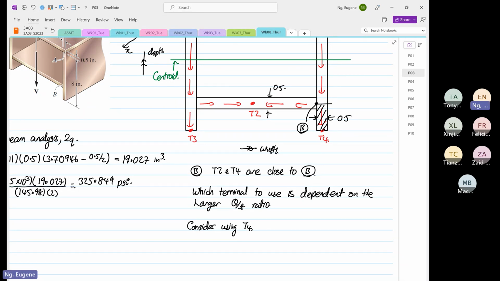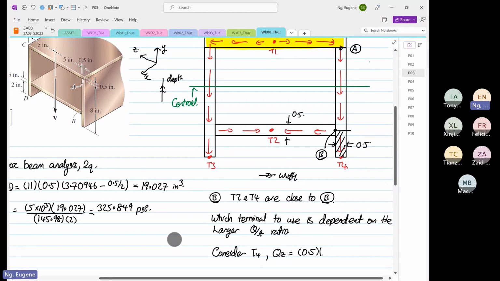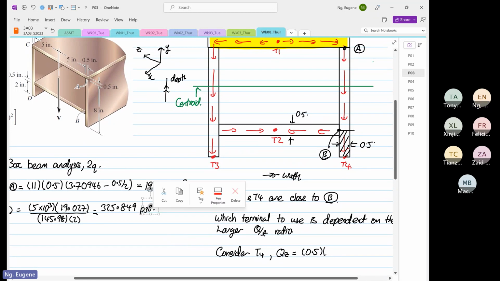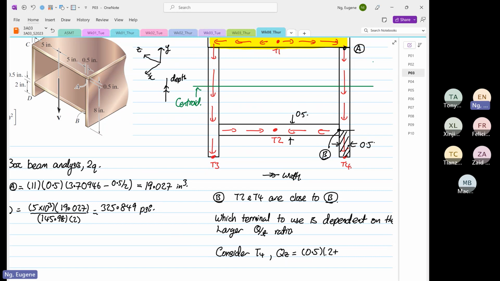Okay, so we calculate QZ, or consider T4, right? So QZ is equal to width, which is 0.5. The depth, okay, so the depth is what? 2 plus 0.5 divided by 2.